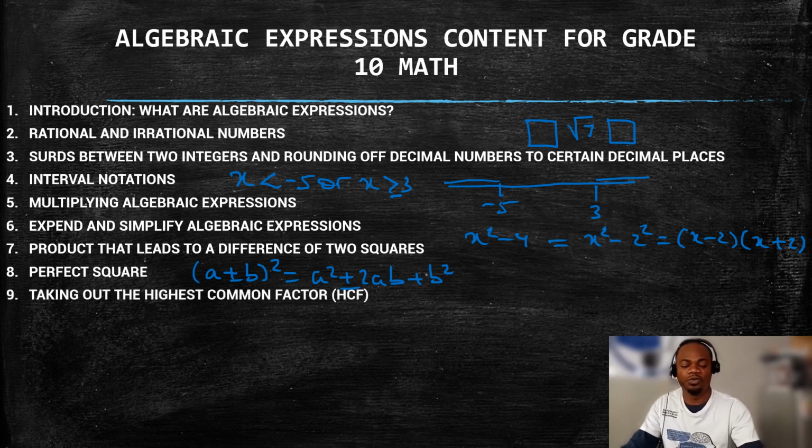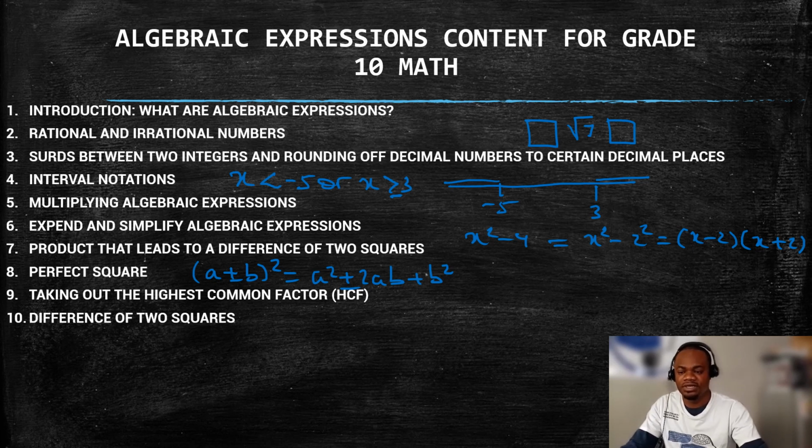And then we also talk about taking out the highest common factors when we factorize expressions. The highest common factors from what we learned in the previous grades are applied here with algebraic expressions. And then we talk about the difference of two squares.